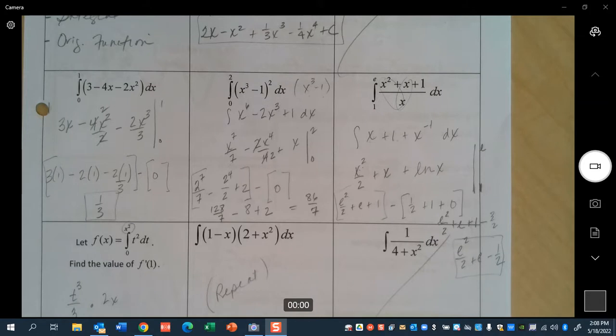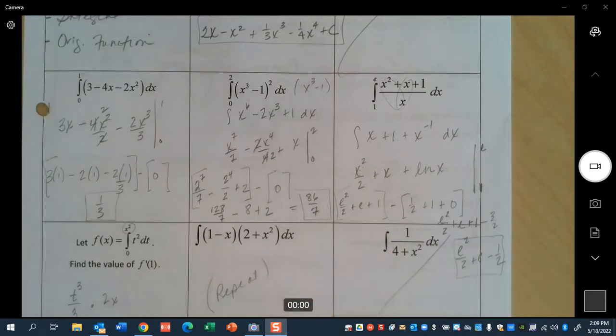And so that's what takes me to the natural log of x. And then it's from 1 to e. So when I plug e in here minus 1 plugged in there, I get e squared over 2 plus e minus 1/2. Are we okay on that one?